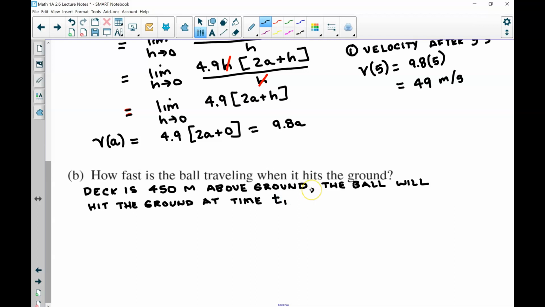And that is when s of that time t1 is going to equal 450.